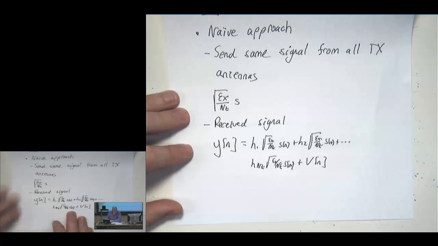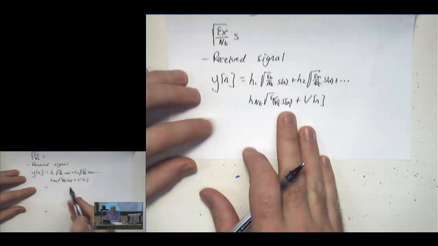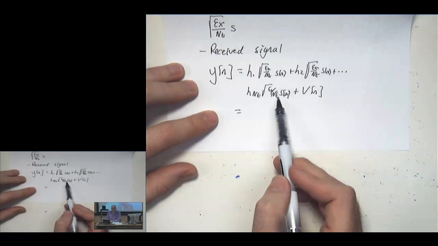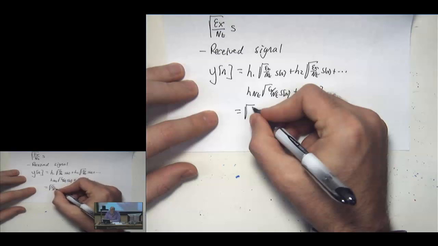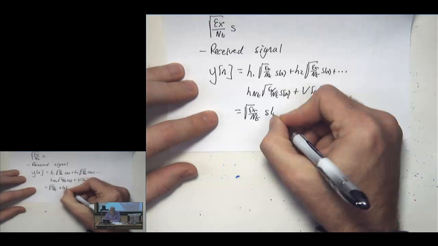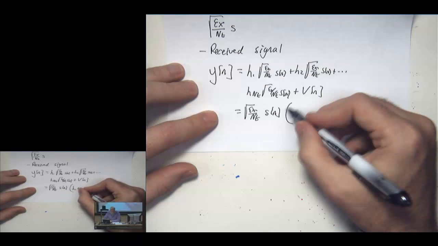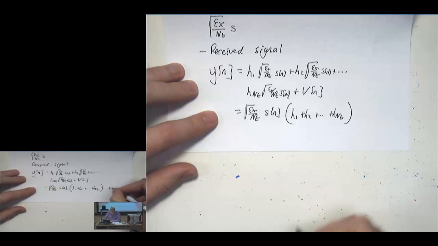And now, rewriting this, look, we have a square root of Ex over NT and an s of n in each of these terms, so we can factor them out. So we can write square root of Ex over NT, s of n, and then here I'm going to have h1 plus h2 plus ... h of NT, plus noise.